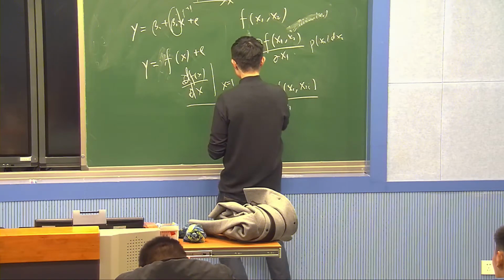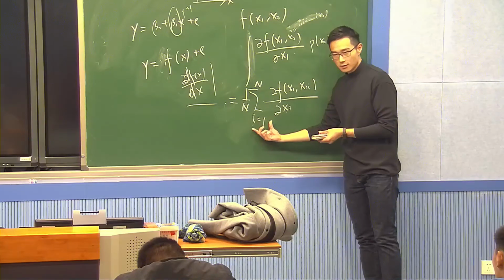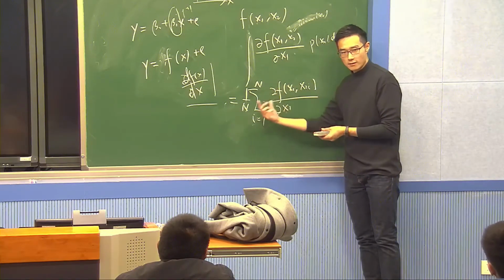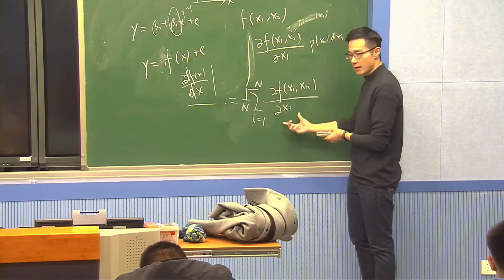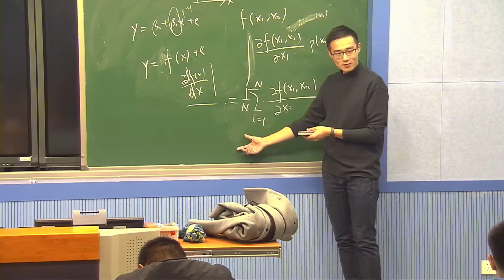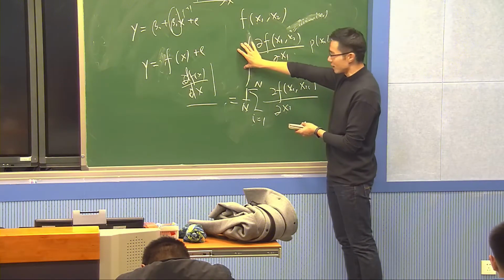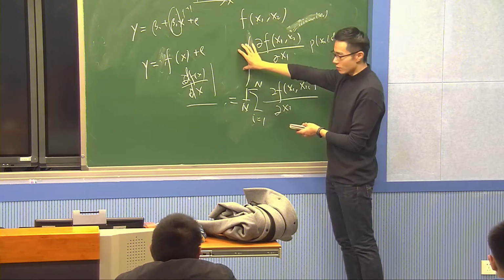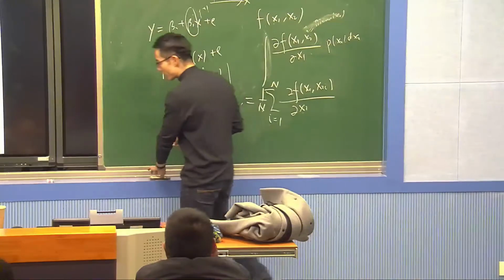In other words, you can always replace the integral with a mean when you are working on a finite data sample. That's Monte Carlo integration. I think I talked about it before, but if you don't understand, it's okay. Just remember, you can always replace the integral with the mean, and you can calculate this. So it's all very easy in principle.